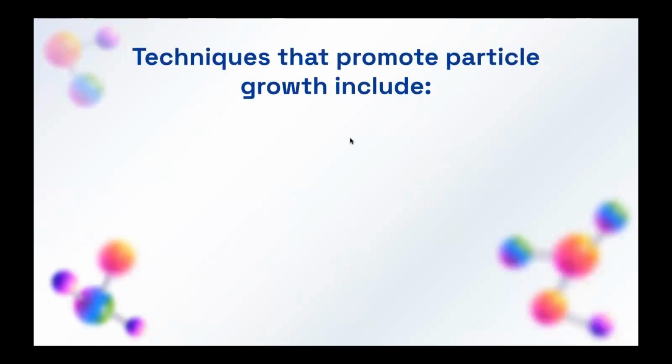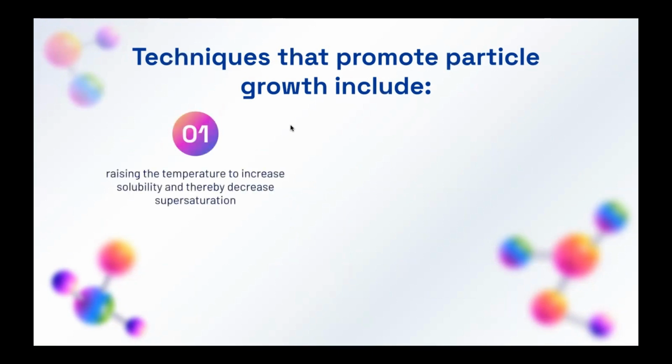So there are techniques that promote particle growth. The first one is by raising the temperature to increase solubility and thereby decreasing supersaturation. Here, if you decrease supersaturation, you will have purer and larger crystals.